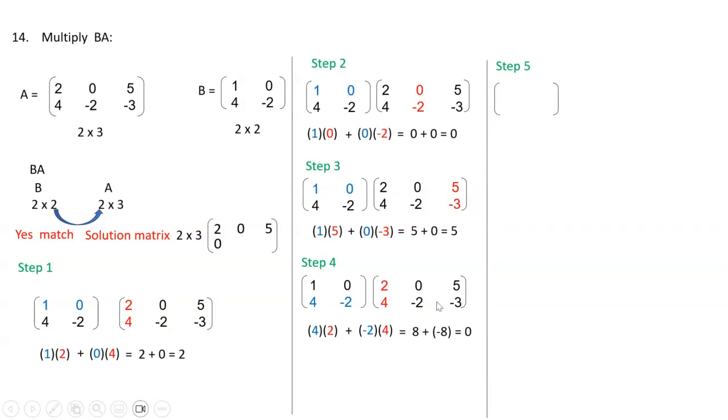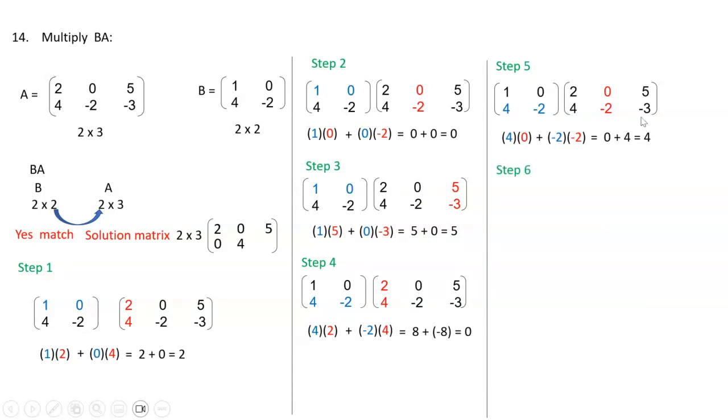Now comes step 5. We're going to multiply the second row times the second column. 4 times 0 plus negative 2 times negative 2. The answer will be 0 plus 4. The answer is 4. So the 4 goes on the second row, second column.